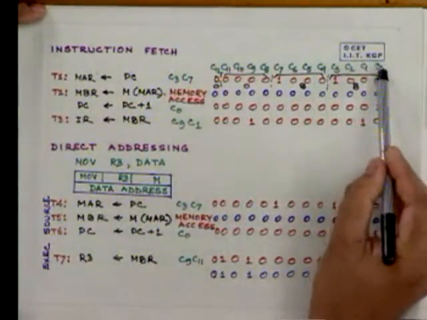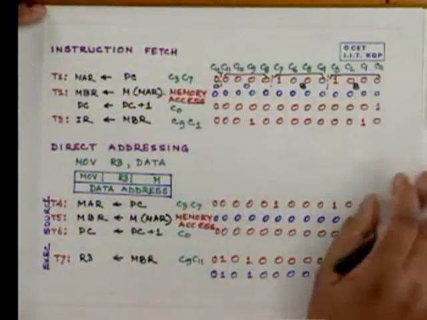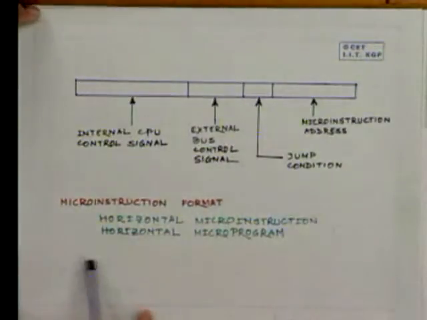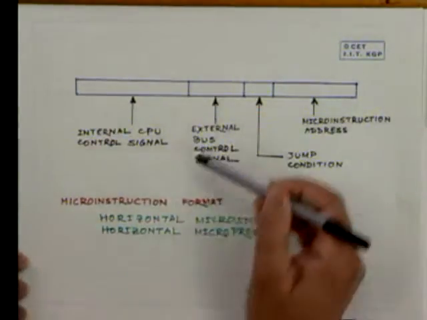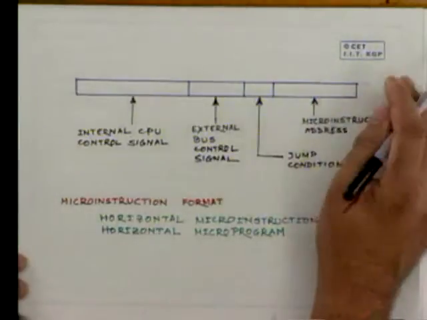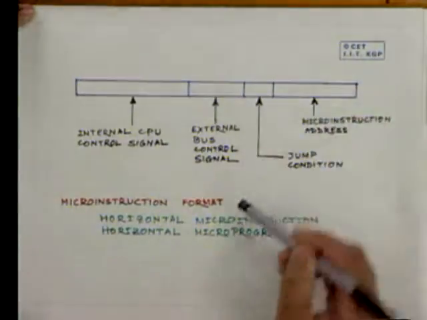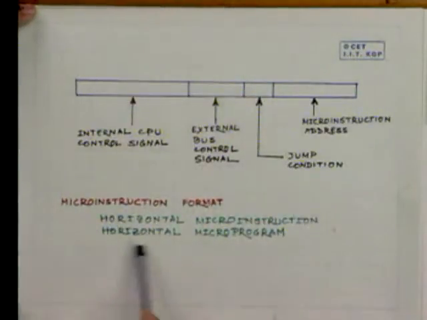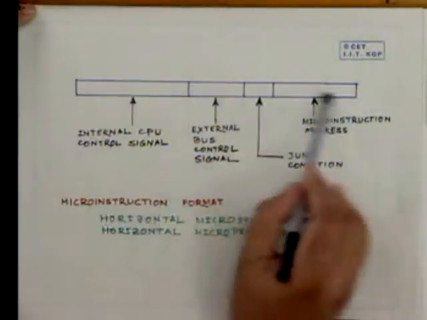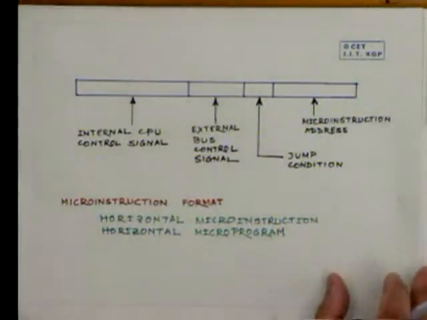For every control gate, if there is a 1 bit, then it is called a horizontal micro instruction. Okay, and if we write a program consisting of horizontal micro instructions, then we call it a horizontal micro program. Each horizontal micro instruction will have a format like this. Right.